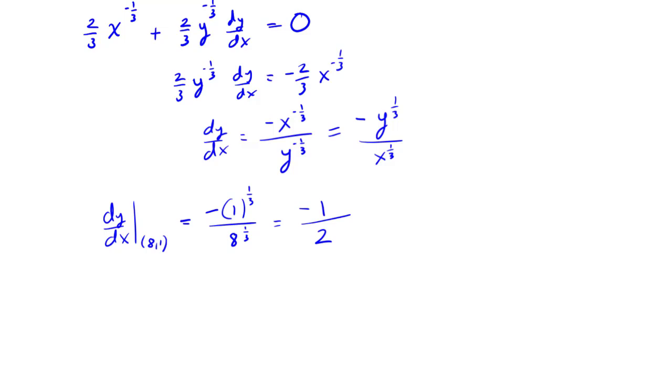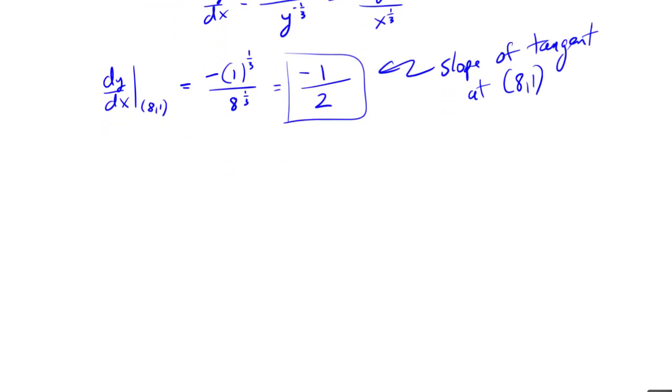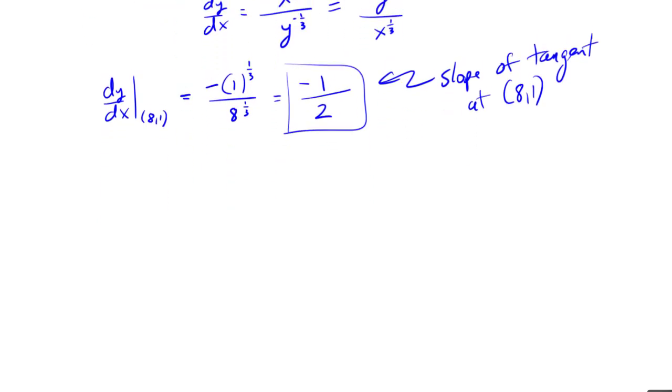There is the derivative evaluated at the point (8, 1), which we also know is the slope of the tangent at (8, 1). So if I want the equation of that tangent line, well, I know the slope is minus 1/2, and I have a point (8, 1).